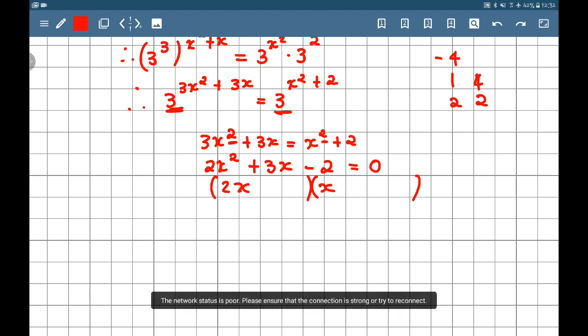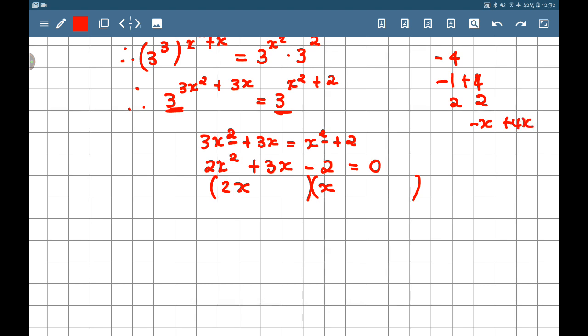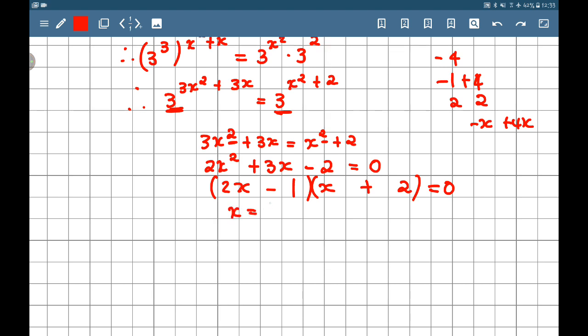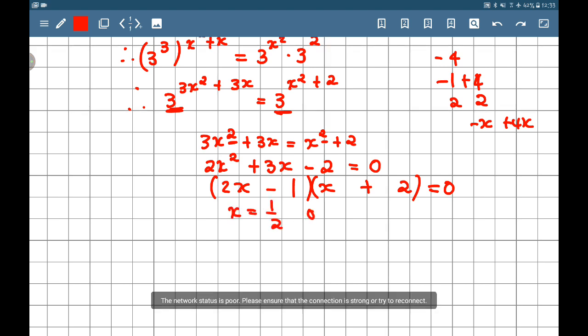The ones that will give us minus and 3, so we have minus x plus 4x, which is going to be plus 2 minus 1. So that's how it has been factorized. You still remember the FOIL method to factorize? Yes, sir. And then now we are going to get x is equal to 1 over 2 or x is equal to minus 2.